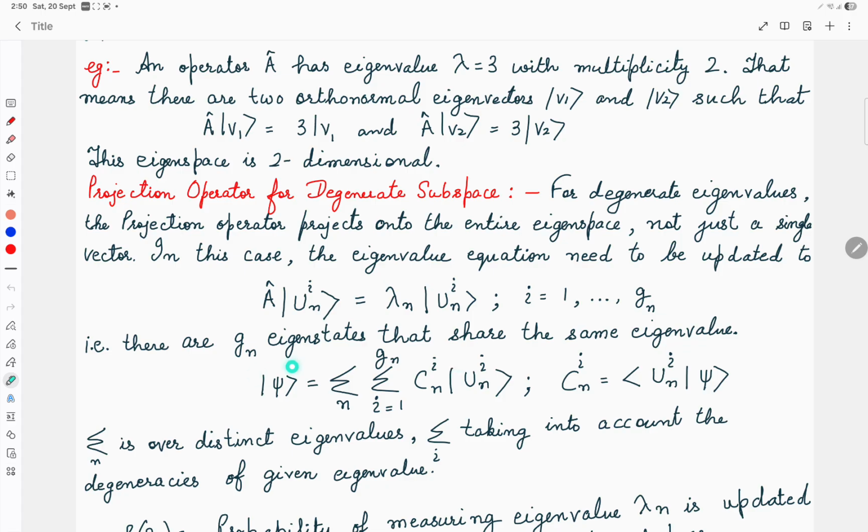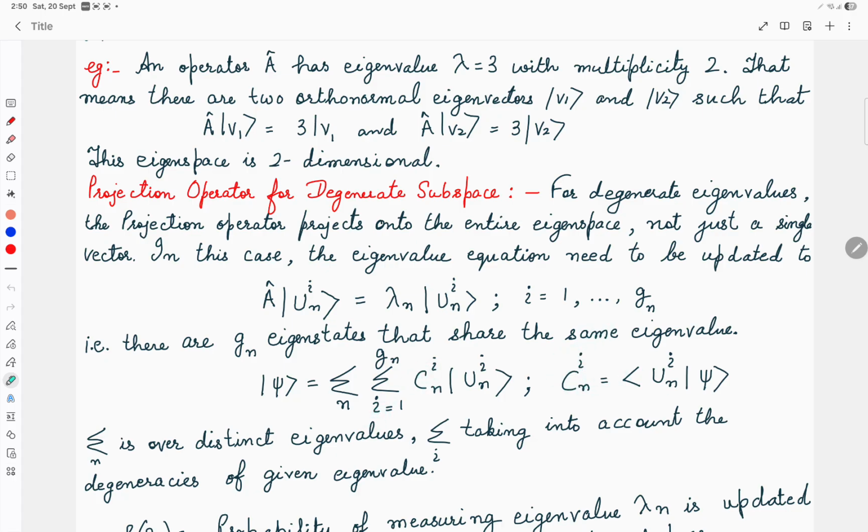So we can express the quantum state also. Had there been no degeneracy, there would have been only one sigma indexed as n. But since degeneracy is there, we have to take care of the degenerate eigenspace. Therefore the second sigma will come, for which i will vary from 1 to Gn, and the index i is brought into the equation at the superscript level.